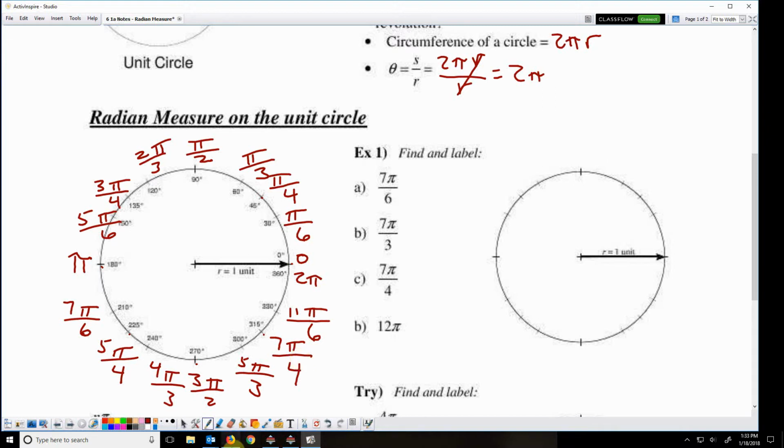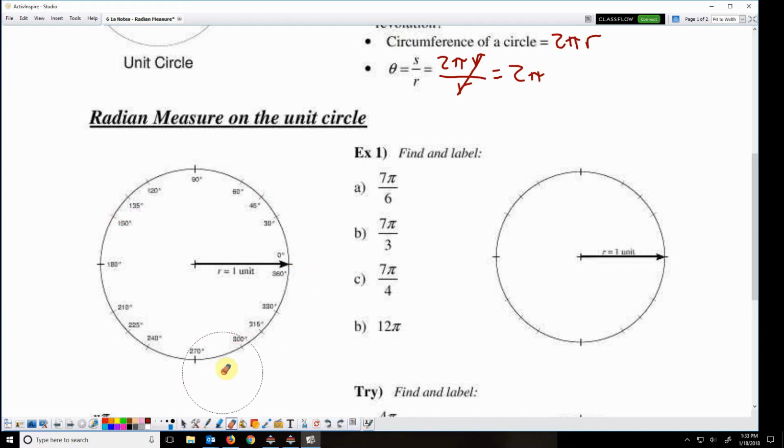Okay, so I'm actually going to get rid of all of those, and I'm going to locate all of these points on the unit circle just by counting. 7 pi over 6: 1, 2, 3, 4, 5, 6 sixths, and 7 sixths is right here.